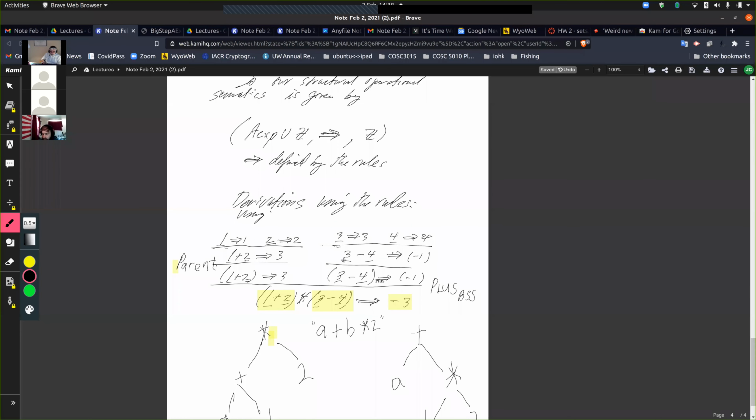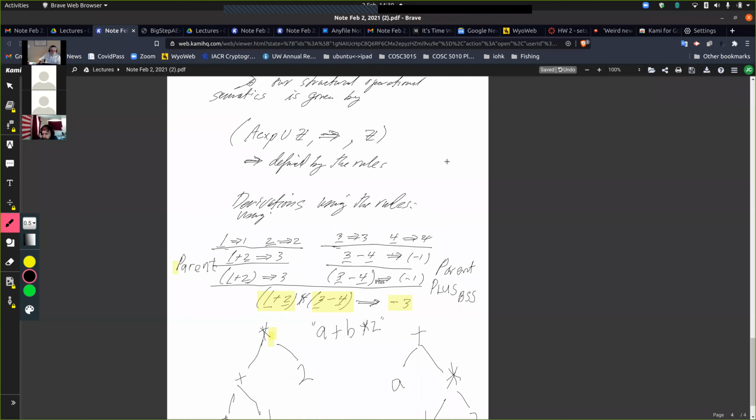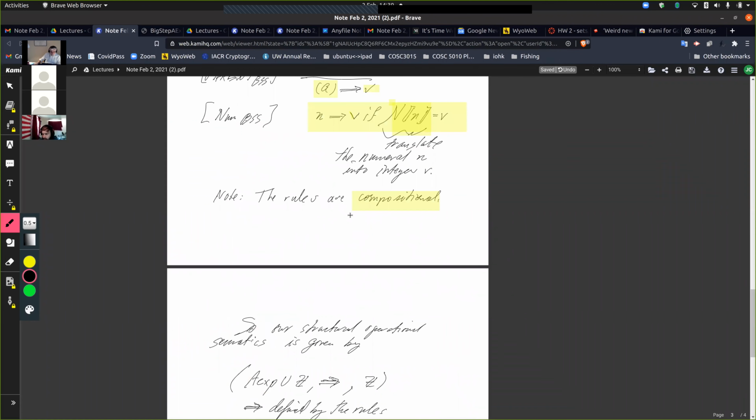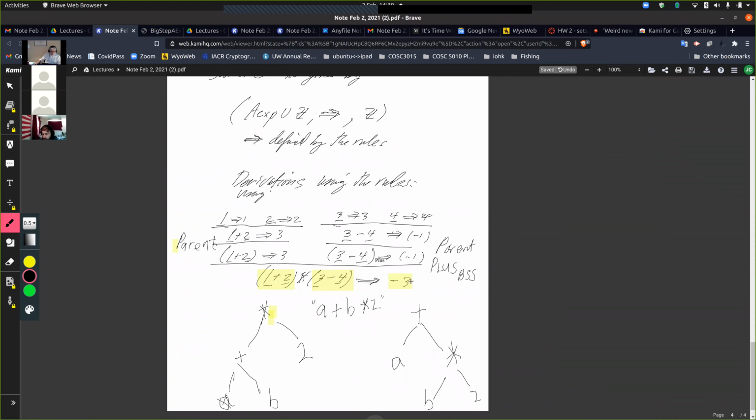Take this and go to there, erase the parentheses by the paren rule. I'm not writing the BSSs. Okay. And so then I'm here. And this one, I apply again the plus rule to go from here to here. And so this is the plus rule again. And this rule from here to here is the minus rule.